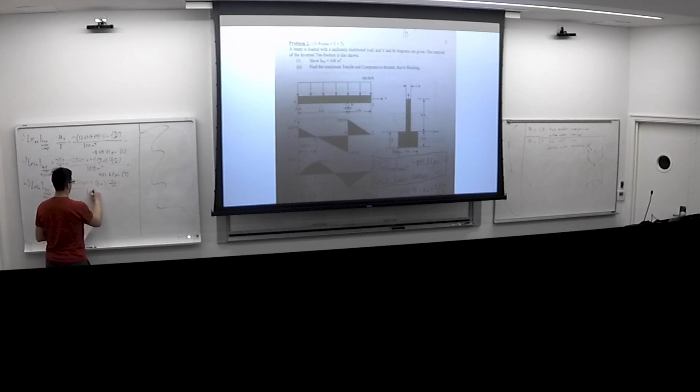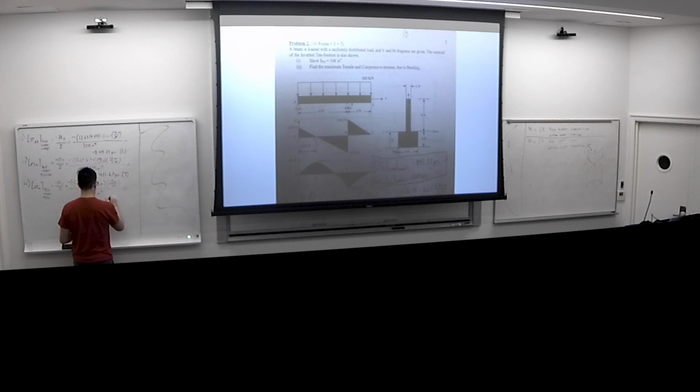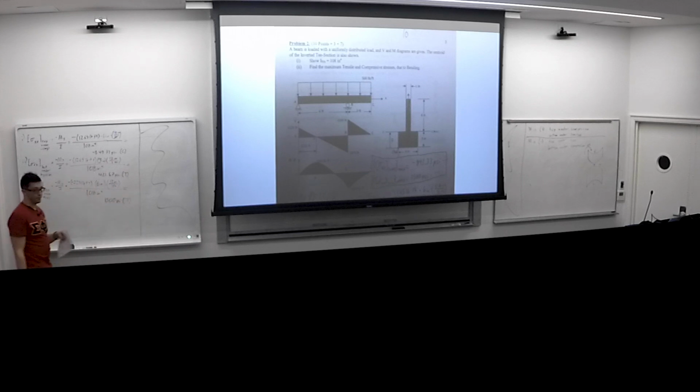And moment of inertia again. When you do this, these two negatives cancel out, and like I said, it's under tension, so it's going to be positive. You get positive 1,500 psi. And that part's under tension. That's the third. And the fourth, same way.